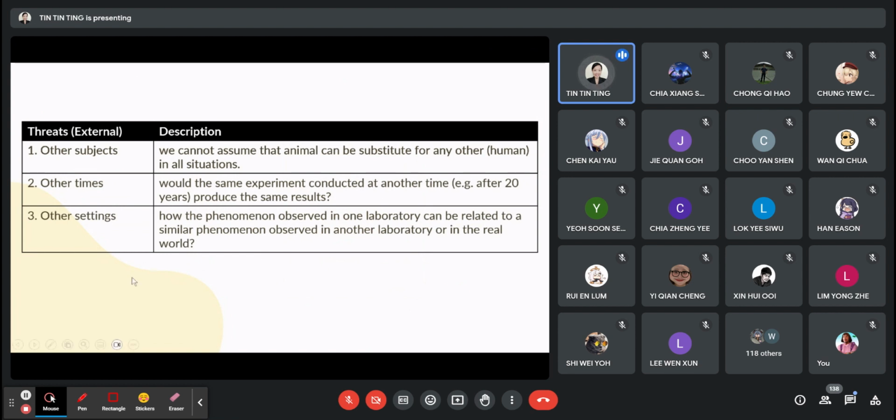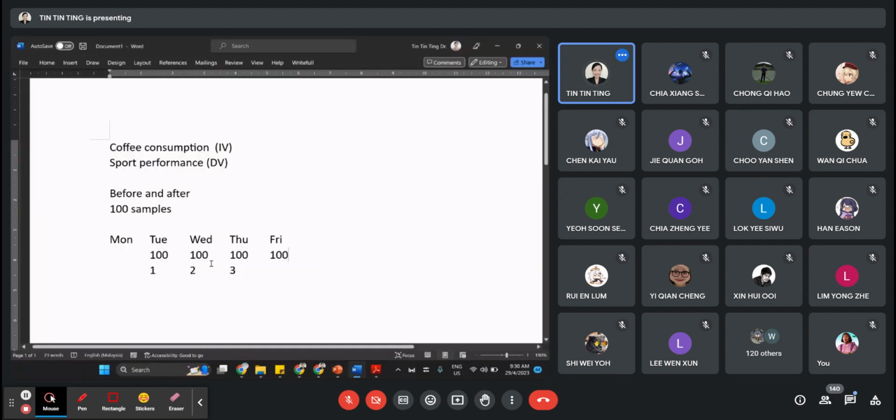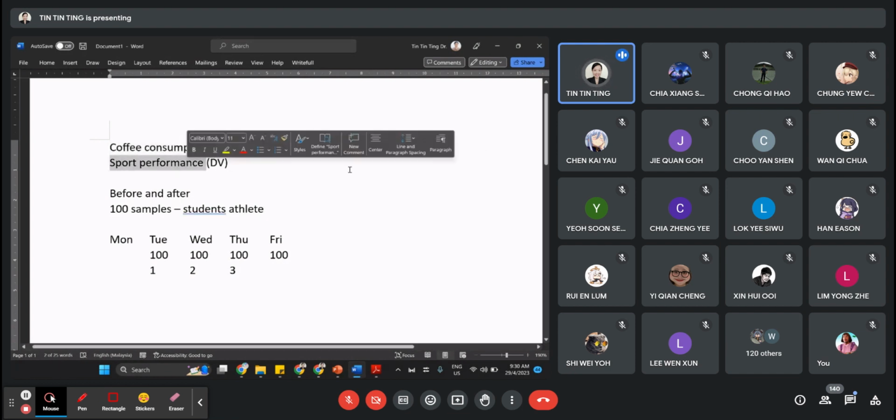If you are using only students in this experiment, then you cannot generalize your result by saying that all athletes, these are the student athletes, all athletes that consume coffee will increase sport performance.